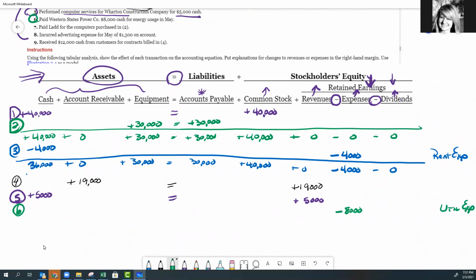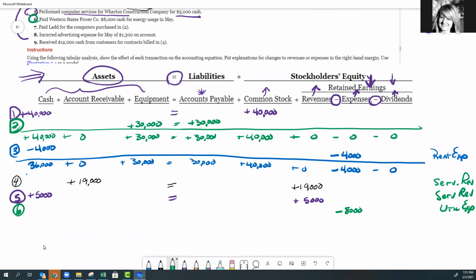We could also indicate what kind of revenue it was, service revenue and service revenue. Okay, so we have utilities expense, $8,000, and the question is, did we pay for it, or did we use it on account and we'll have to pay it next month?